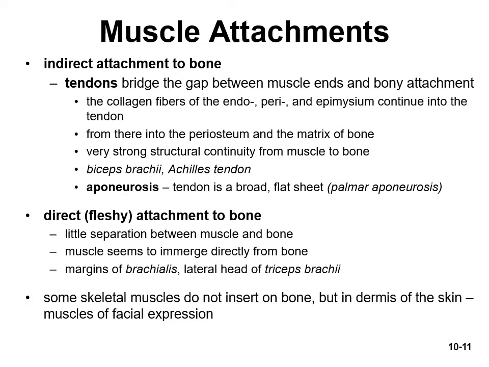So it sits beneath your bicep muscle. It is important to note that some skeletal muscles do not insert on bone, but in the dermis of the skin. So a lot of our facial muscles insert on our skin, so we can allow for eyebrow movement or the cheeks moving up when we smile.